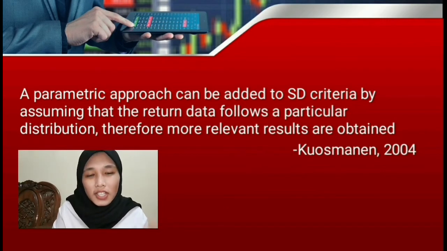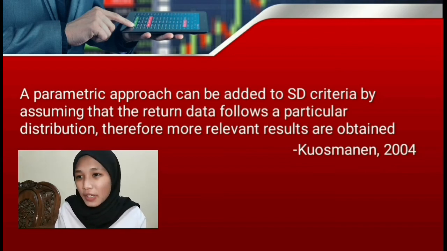Although stochastic dominance does not require any assumption of distribution, according to the research of Kuosmanen in 2004, a parametric approach can be added to SD criteria by assuming that the return data follows a particular distribution, therefore more relevant results are obtained.